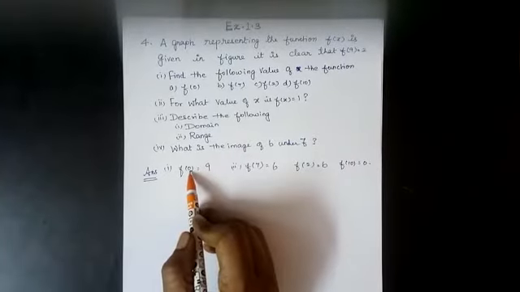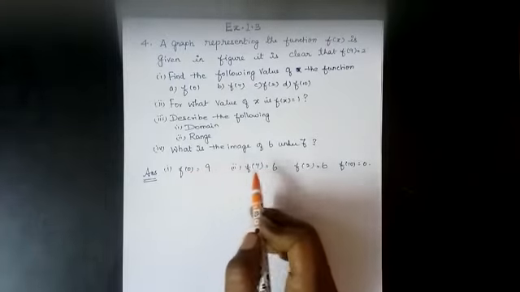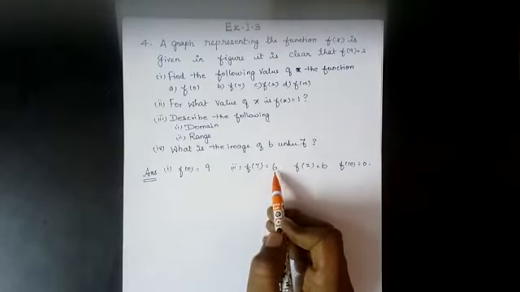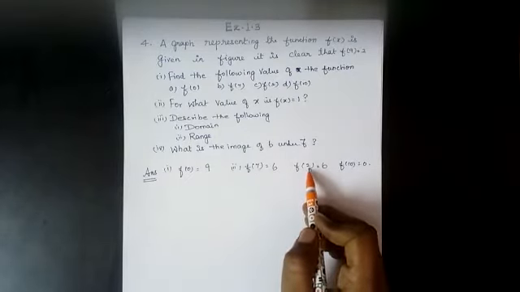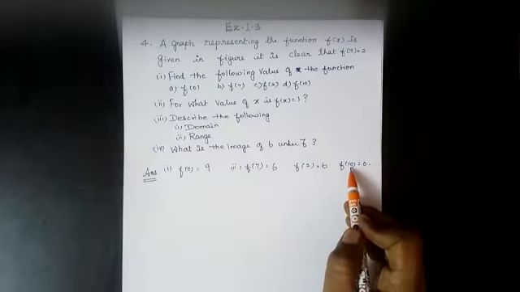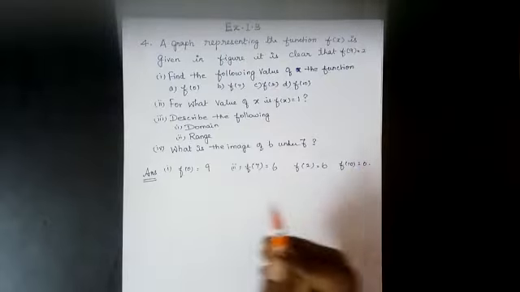So 0 here is the value on the x-axis, and the corresponding y-axis element is 9. The x-axis element is 7 and the corresponding y-axis element is 6. The x-axis element is 2 and the corresponding y-axis element is 6. The x-axis element is 10 and the corresponding y-axis element is 0.